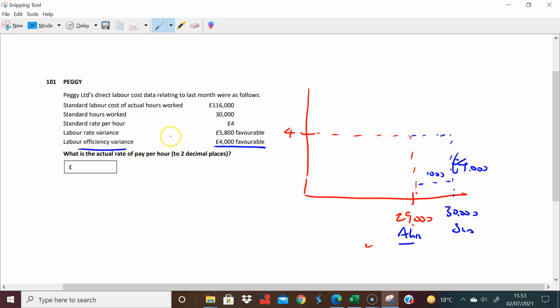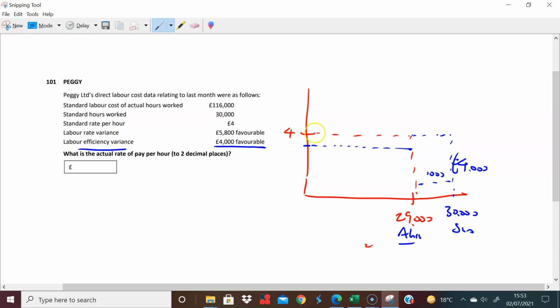So now here's what's interesting. When we look at the price variances, it tells us that we are 5,800 favorable. So we know that what actually happened was a rate lower than this on the actual number of hours.